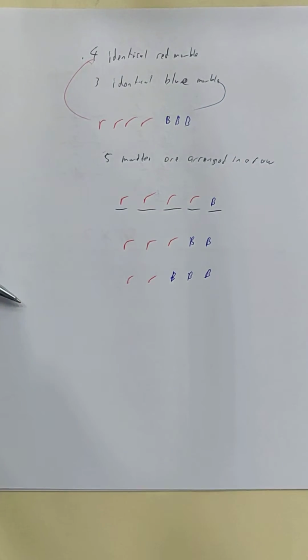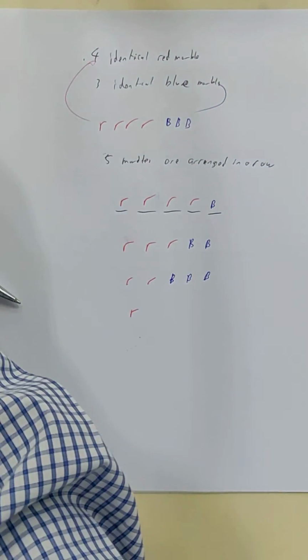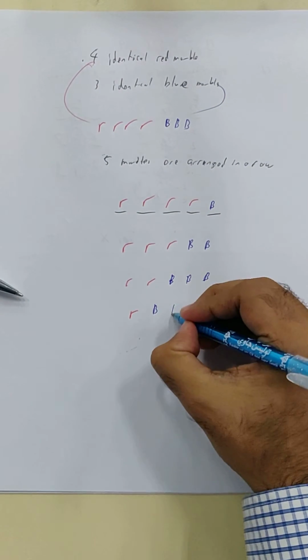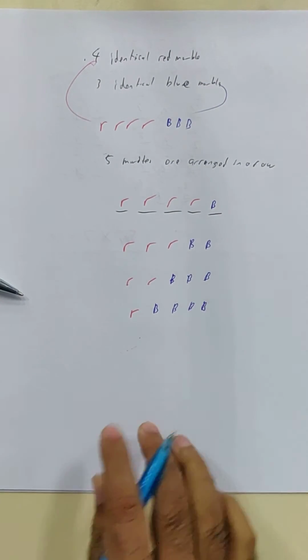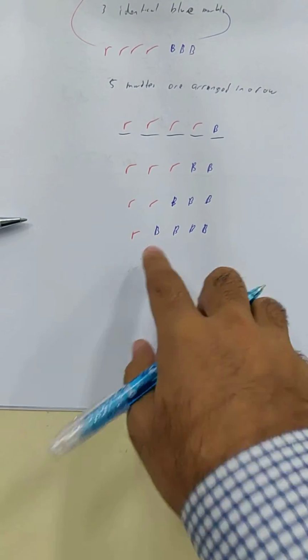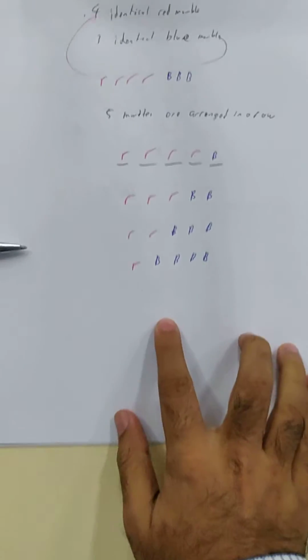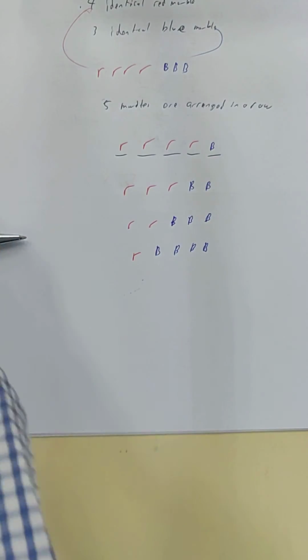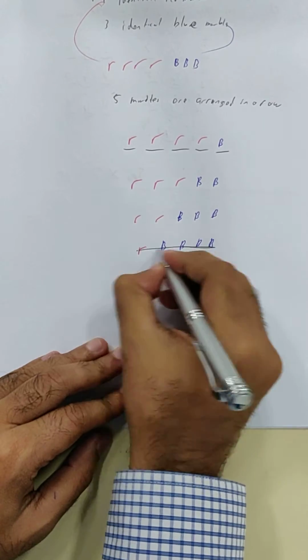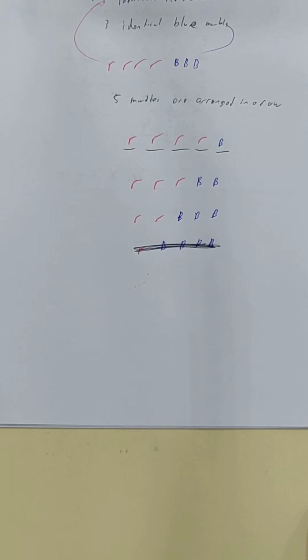Is that my only possible arrangement? Red, blue, blue, blue, blue. This is wrong. Why? I only have 3 blue. This is 4 blue, so this is wrong, not possible. So that means we only have 3 arrangements.